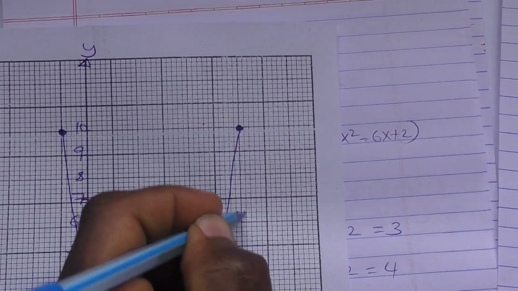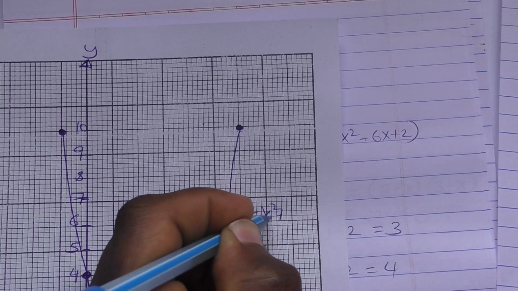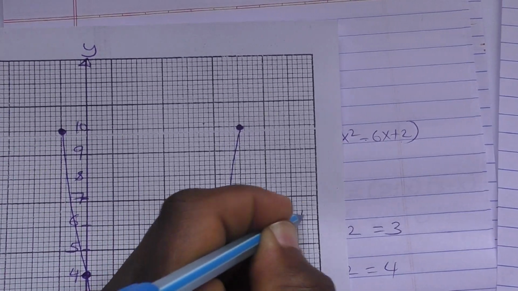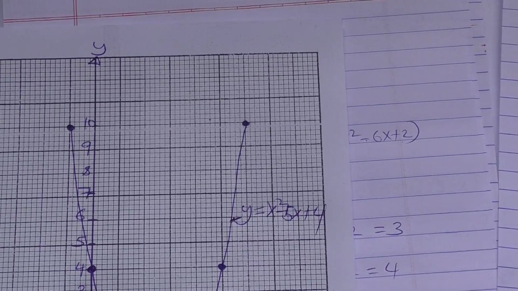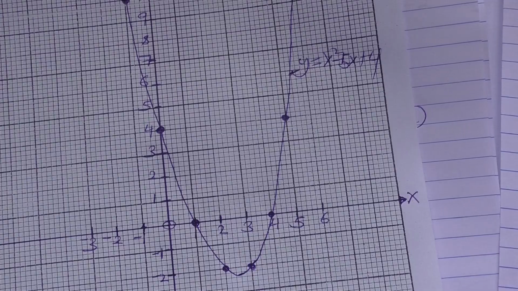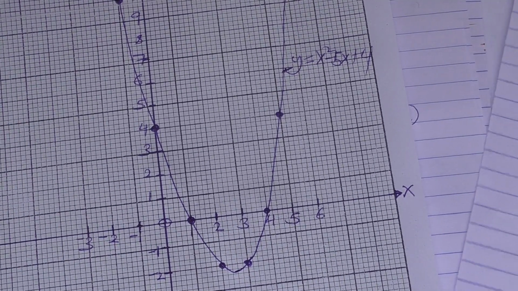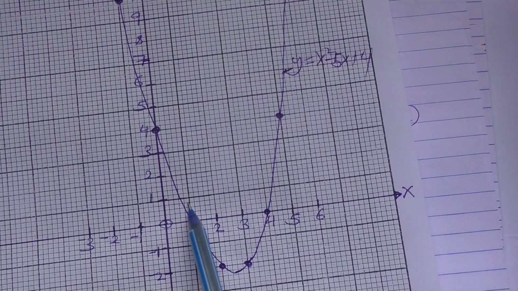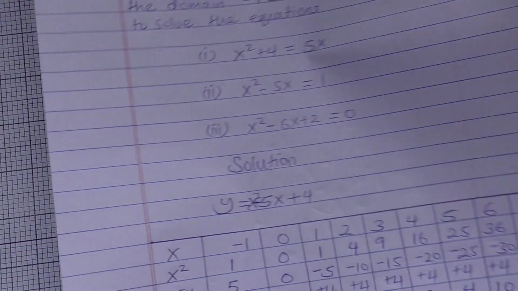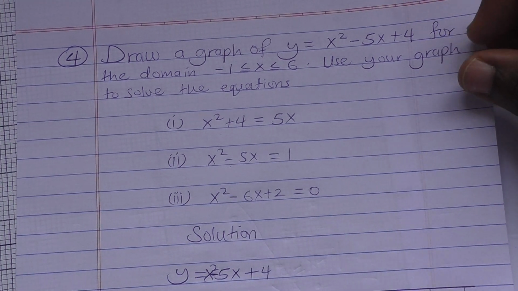This is y equals x squared minus 5x plus 4. That is our curve. And now, our major interest in this particular question is how to use the graph to solve these other equations. Now, this is the trick.